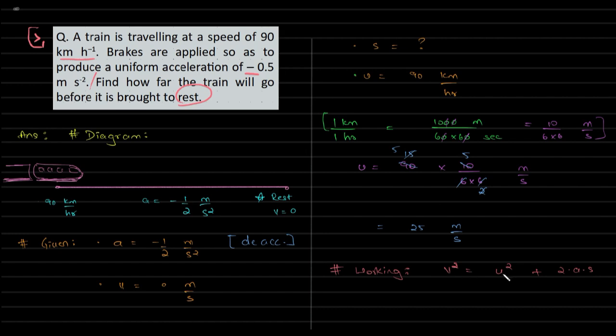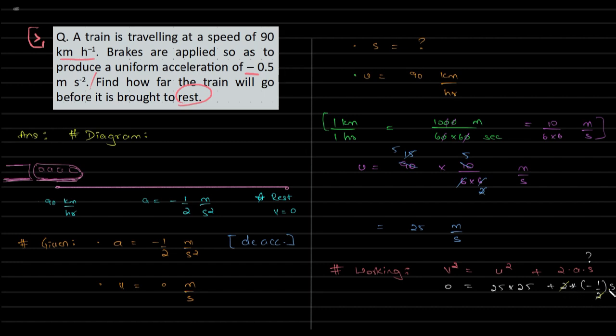So you can see here three things are known and S is the unknown. That's good enough. V is equal to 0, u is 25, so 25 into 25, plus 2 into minus half into S. So we have this and this getting cancelled.